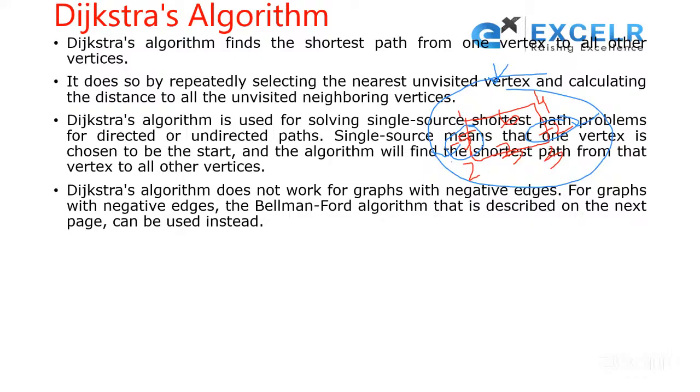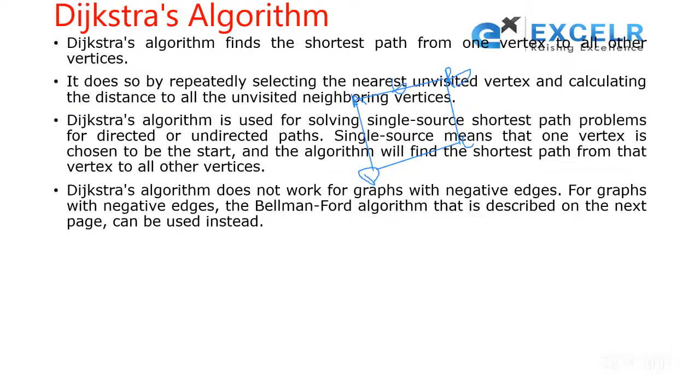So now the question is, when is a graph negatively weighted? Okay, let me draw a new diagram. It is a graph, it is vertex A, vertex B, vertex C, and vertex D. Then I am writing the weights on these edges.